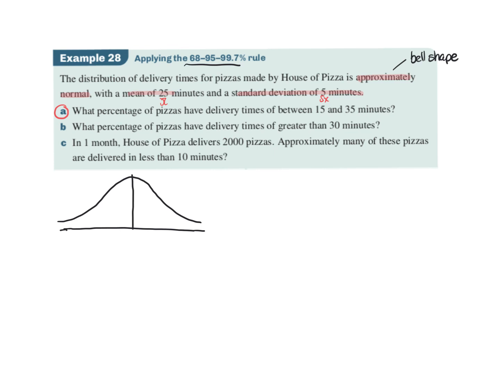They're telling me the mean is 25 minutes, and they've told me the standard deviation. So if I added 1 standard deviation, the number would be 25 plus 5, so that makes 30.